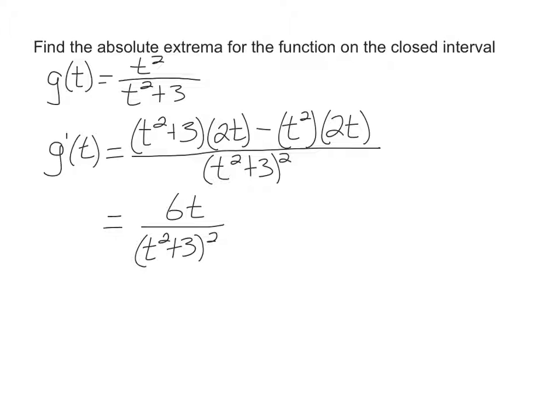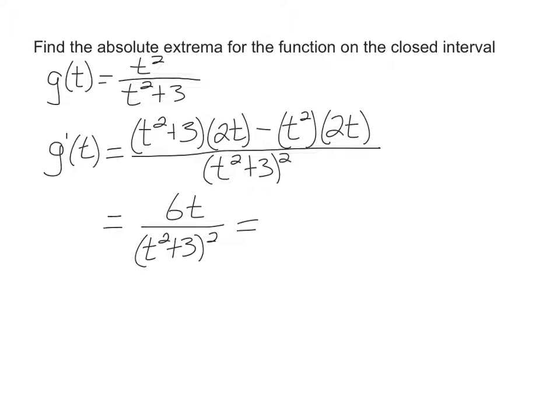And with this denominator, you can set it equal to 0 and solve for t, but you will find that you will get no restrictions, because if you set this equal to 0 and solve for t, you will get imaginary answers. So there are no restricted values here for this function as far as the derivative is concerned.